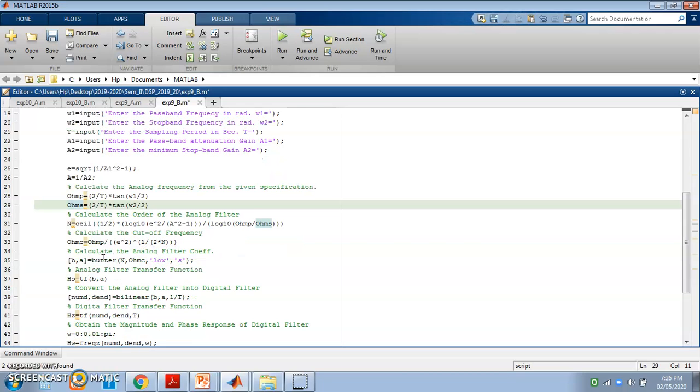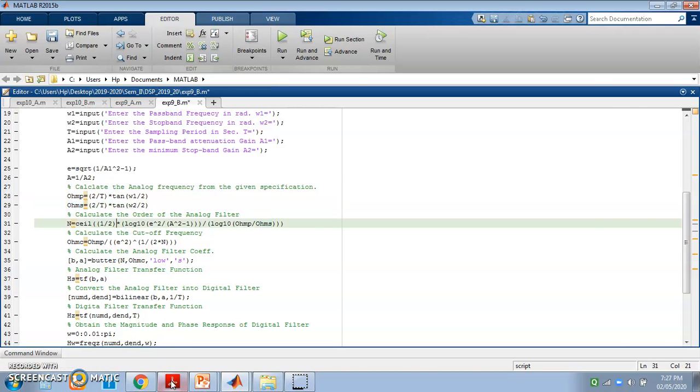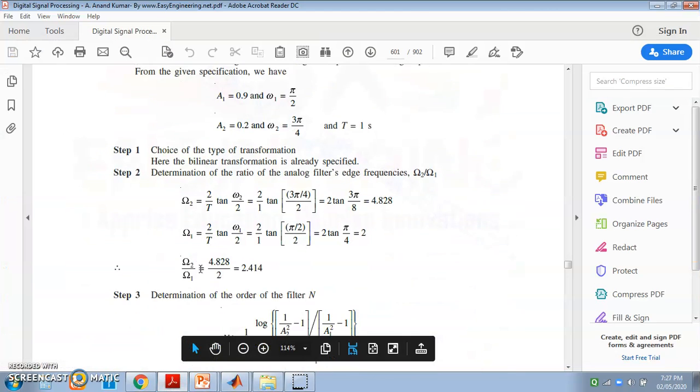And one can calculate the order of filter directly from the equation N equal to 1 by 2 log to the base 10 of (E square upon A square minus 1) divided by log to the base 10 of OMP upon OMS. So this is just the standard equation that we have considered for calculating the order.